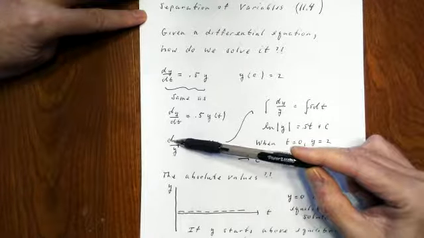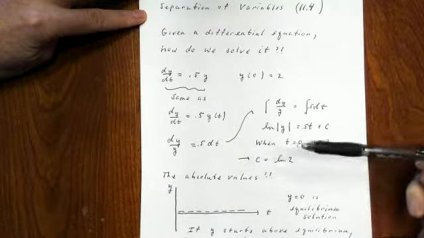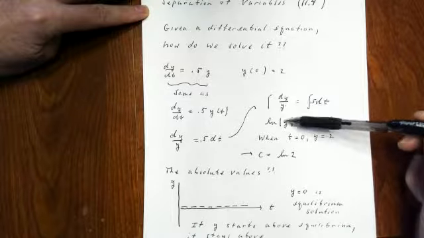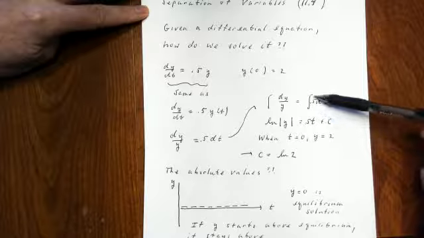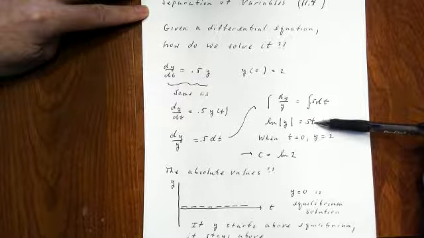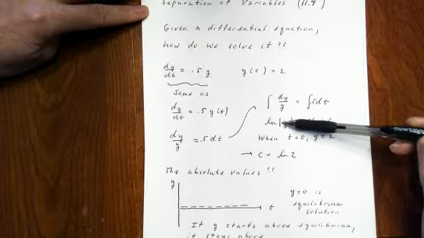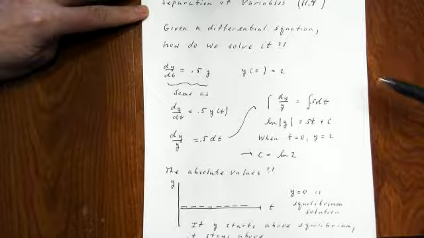To get rid of the dy and the dt, we integrate each side, indefinite integrals. If we integrate dy over y, we get the natural log of the absolute value of y. And if we integrate 0.5, we just get 0.5t plus a constant. There's actually a constant on the left side, but we can just clump that together with the constant on the right side.